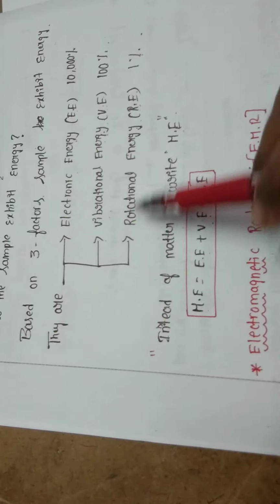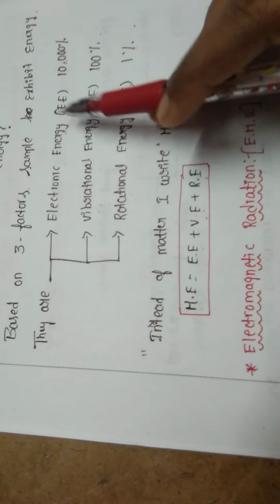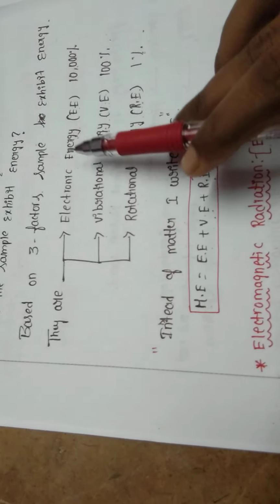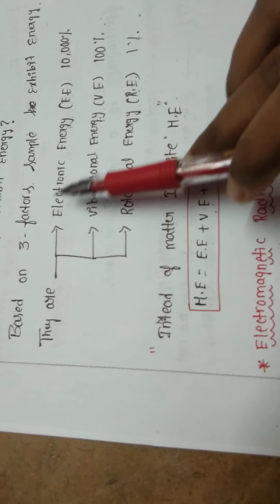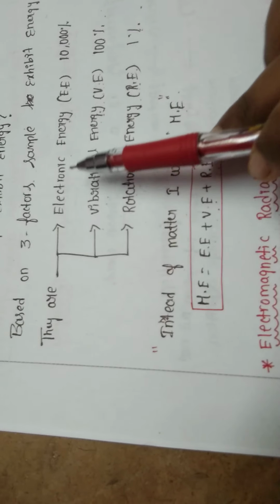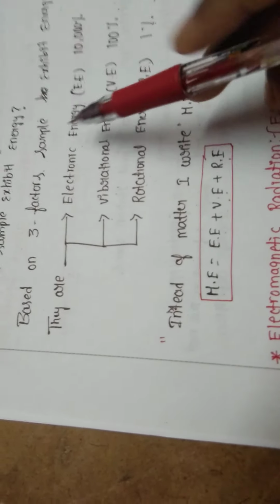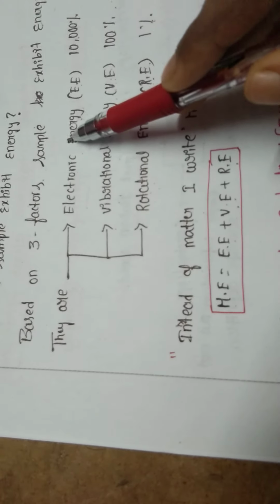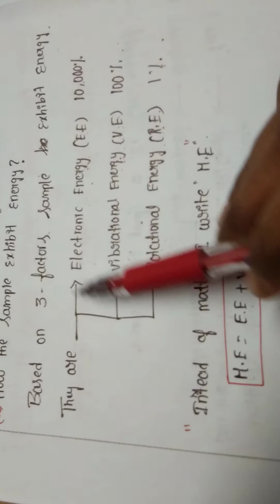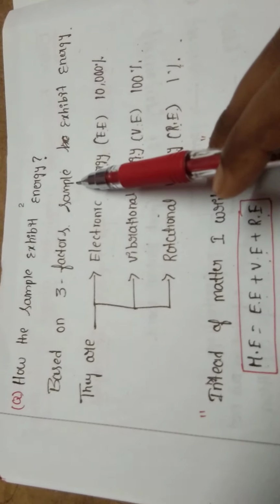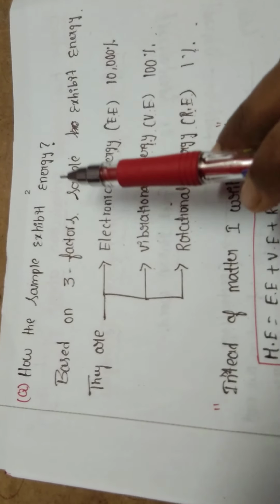If I pass electromagnetic radiation towards the unknown substance, there will be a change in electronic, vibrational and rotational energy. Whenever these three energy levels are present in the molecule, the molecule exhibits energy.